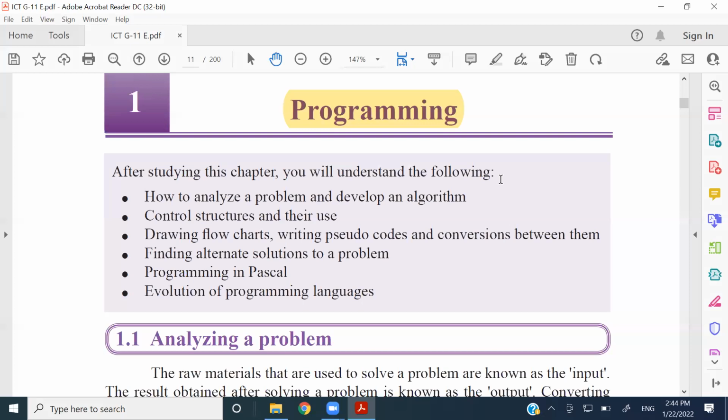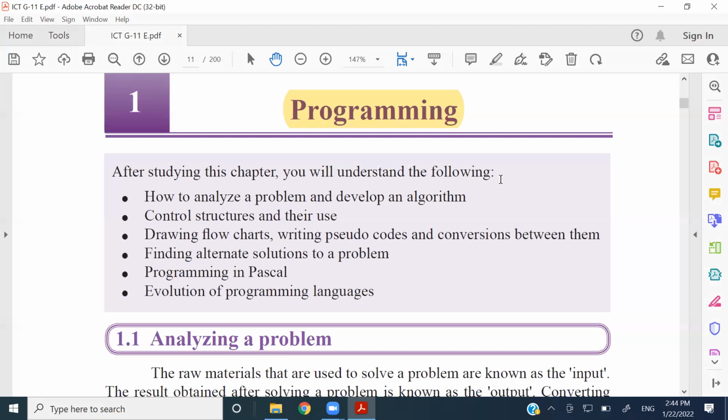Through programming, we create instructions for the CPU to understand and solve on behalf of us, which makes our task easy.